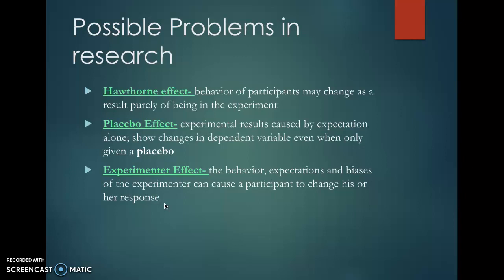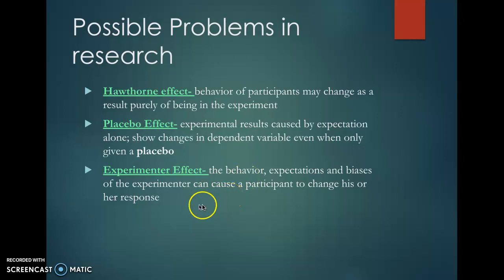Versus if I came in and carefully gave you the pill and took really detailed notes about how you're feeling and how you're reacting to everything, you would start to think, because my behavior is saying so, oh, I'm actually getting the real medicine.